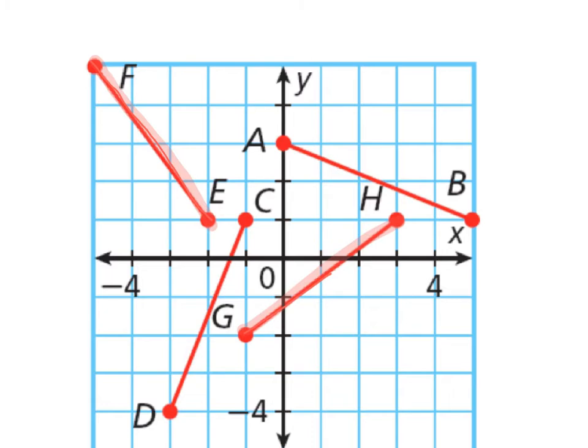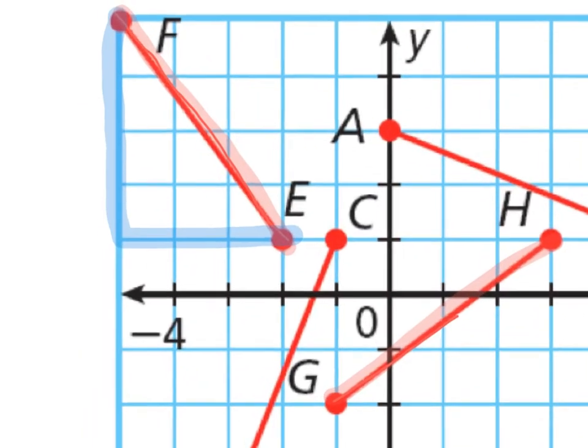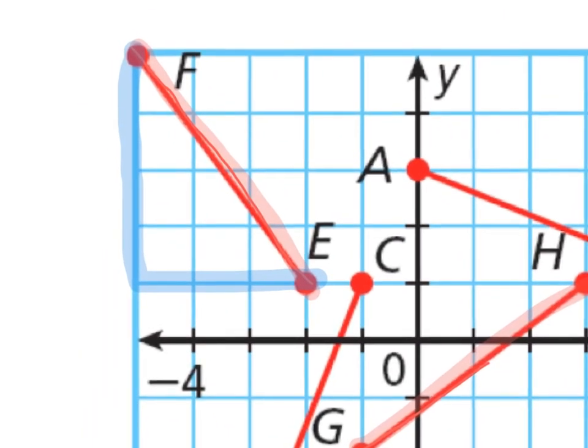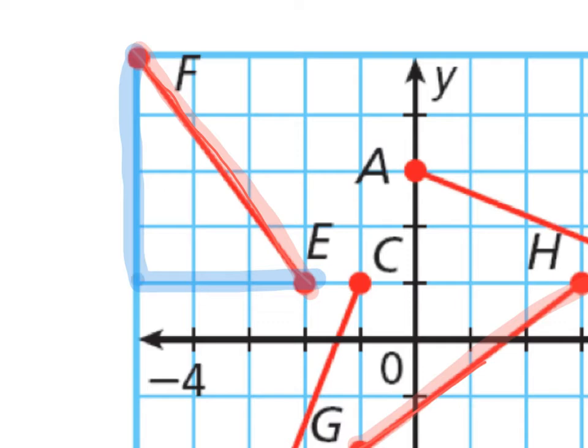The distance formula. Or what else can we use to find the length of EF? Pythagorean Theorem. So we just did the distance formula, so let's do Pythagorean Theorem. So we would make a triangle, and then we would count what is the length of each side. So what's the length of the bottom, this one?